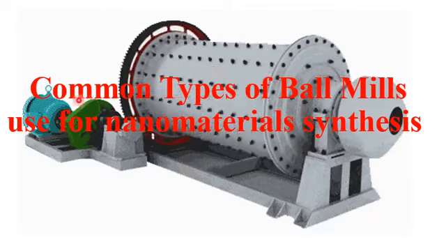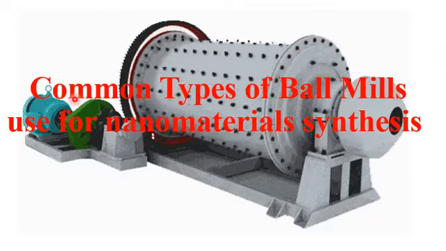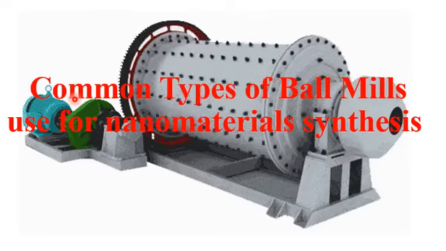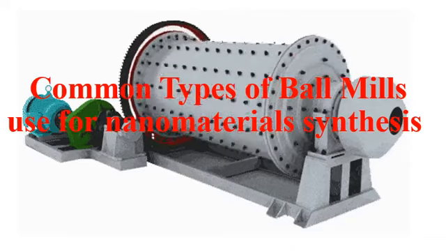So students, all the types of ball mill discussed are widely used for different purposes. Let us discuss some of the common ball mill machines which are more familiar and mostly used for nanomaterial synthesis.